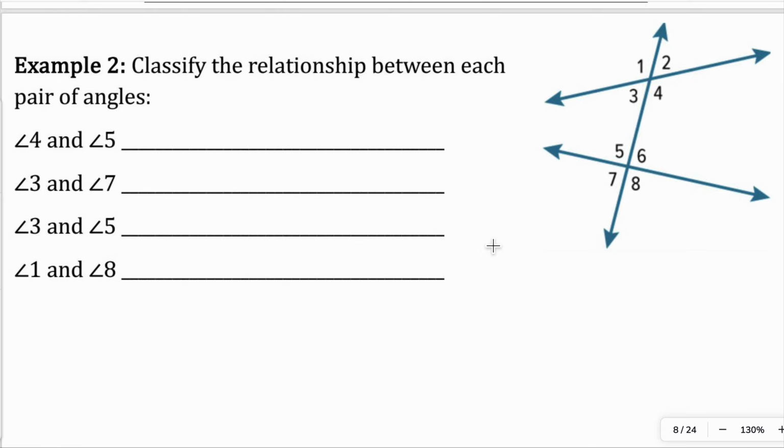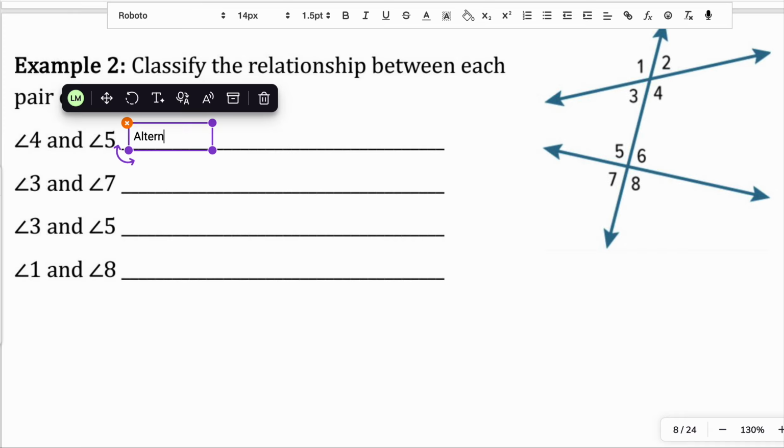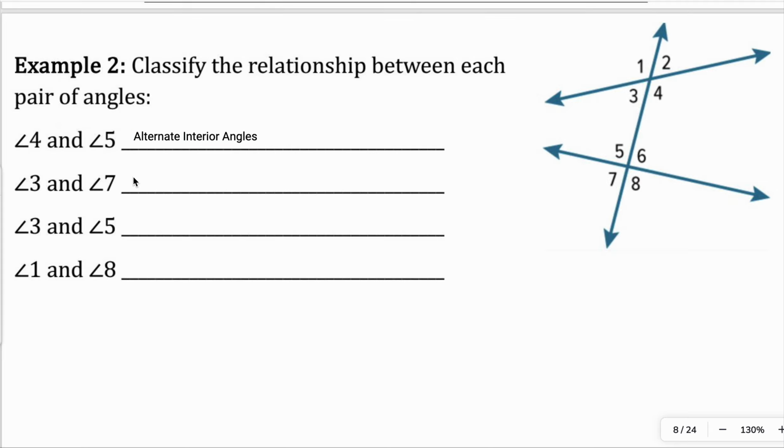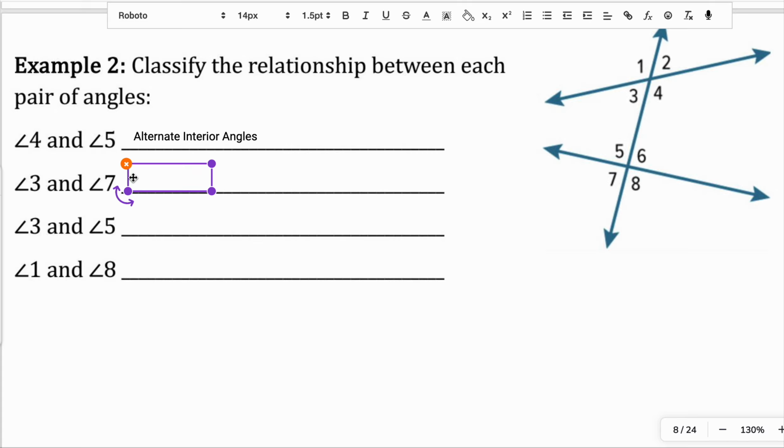All right, classify the relationship between each pair of angles. Angle 4 and angle 5, those are going to be alternate interior angles because they are non-adjacent interior angles that lie on opposite sides of the transversal. 3 and 7, those are going to be corresponding angles just because they are on the same side of the transversal and on the same side as those lines.